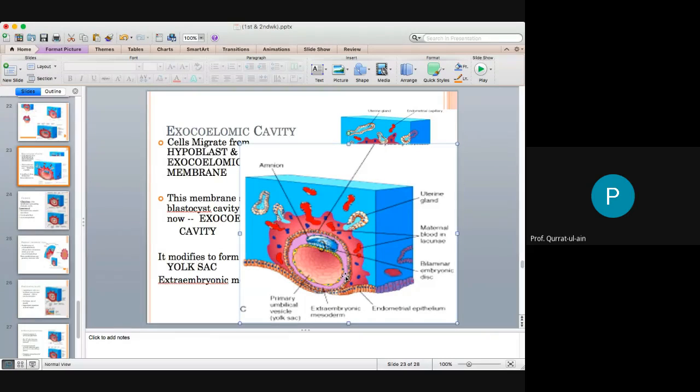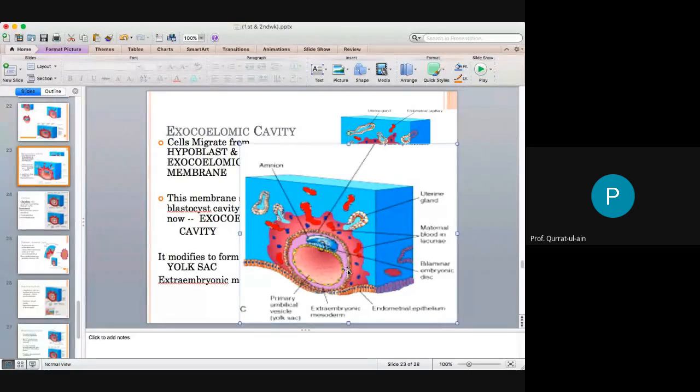This cavity splits by the appearance of small spaces. Small spaces appear within this cavity, and it will cut this mesoderm into two parts. Are you getting this point?